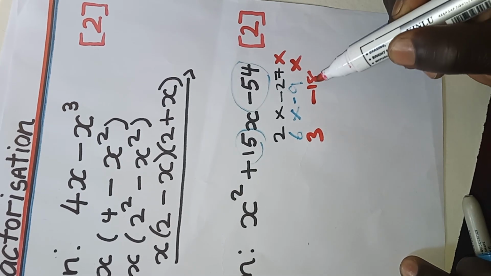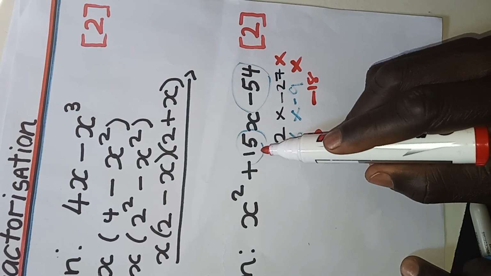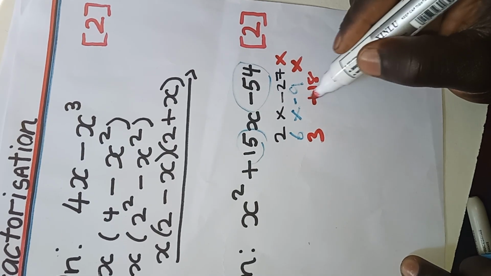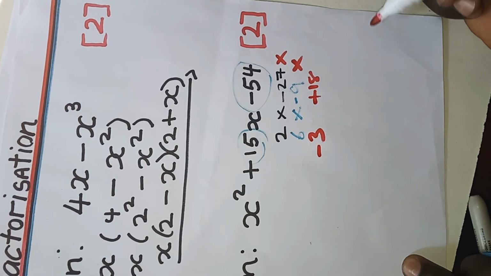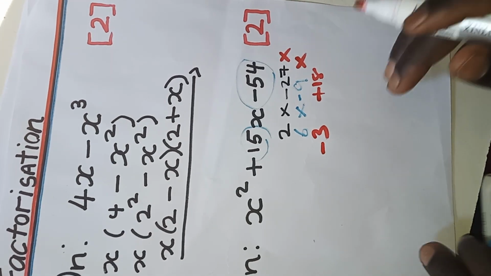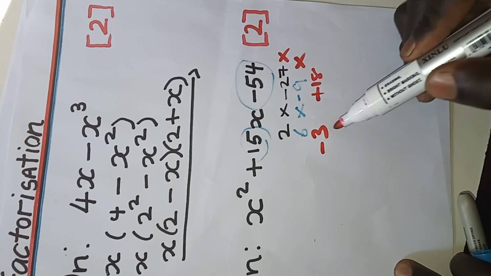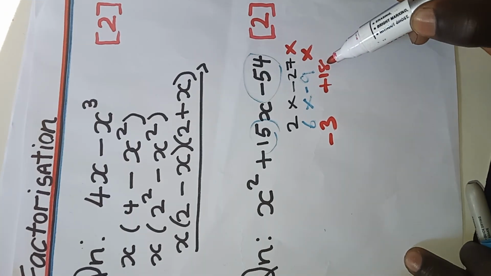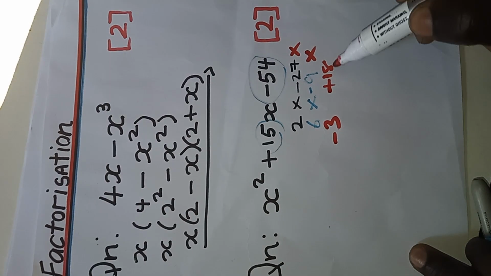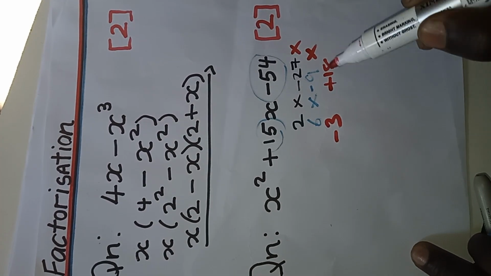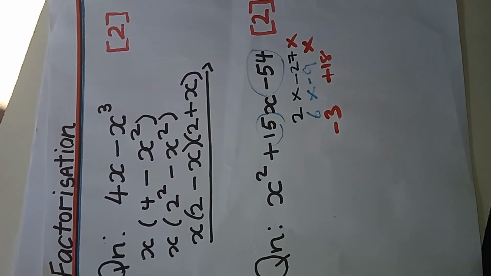But if you add these two numbers, it gives you minus 15. Let's try if we can make 18 positive and make this one negative. We get a minus 3 multiplied by 18, which gives us minus 54. And if we add the two numbers, we get 15. So these two numbers will satisfy the given equation.